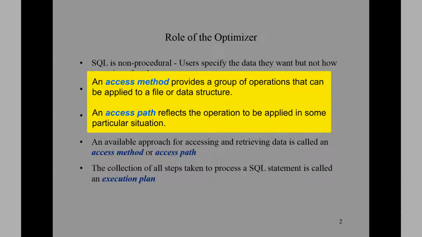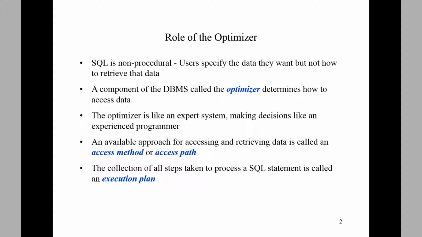An available approach for accessing and retrieving data is called an access method or an access path. We'll examine some different access methods that are available with respect to the structures for data stored within a relational database. When we assemble all of the steps to process a single SQL statement, this is referred to as an execution plan.